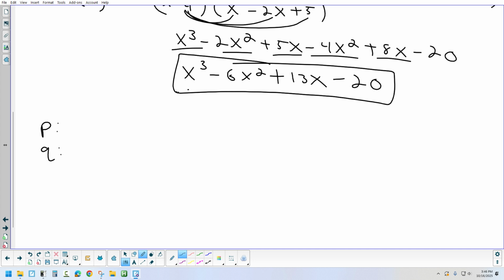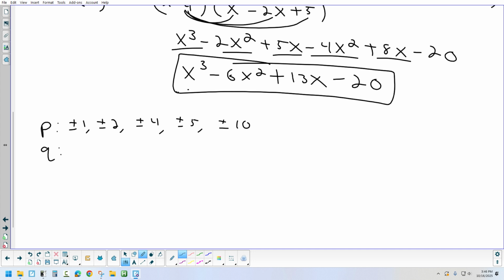P is all the factors of 20. What are all the factors of the number 20? We'll go low to high just to keep it simple. Plus minus 1. Plus minus 2. Plus minus 4. Plus minus 5. Plus minus 10.